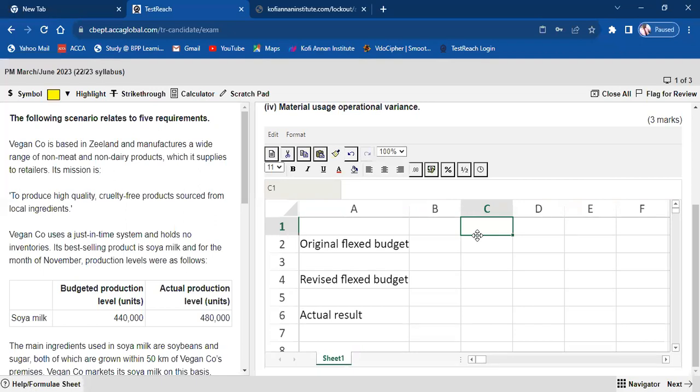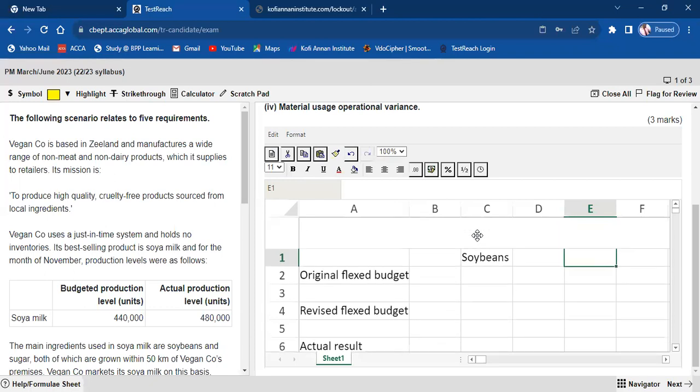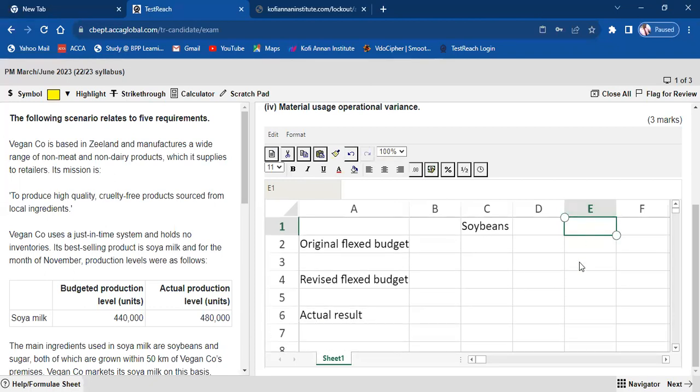Friends, at this point, I have not even read the question. But why am I answering this? Because I am planning. Soybeans and sugar. These are the materials. Okay.